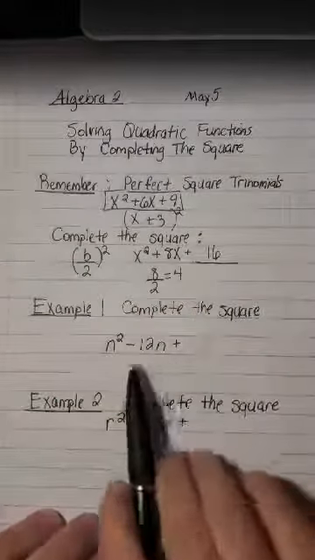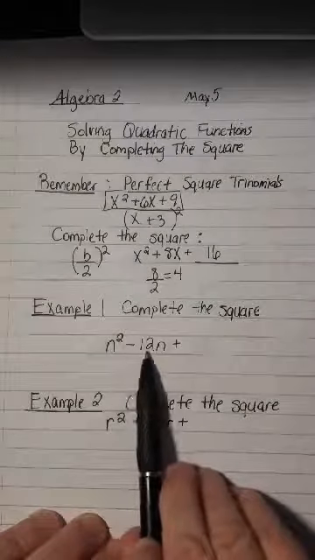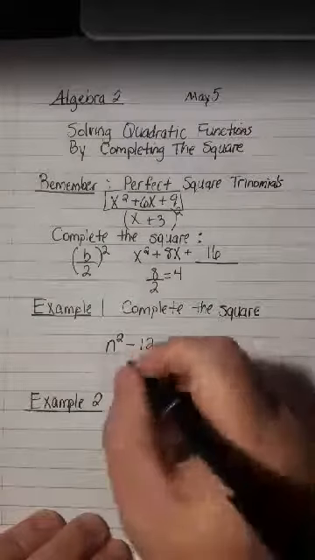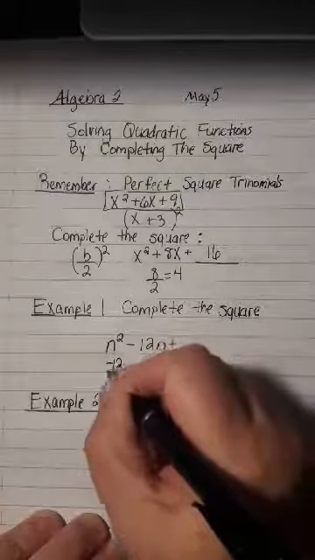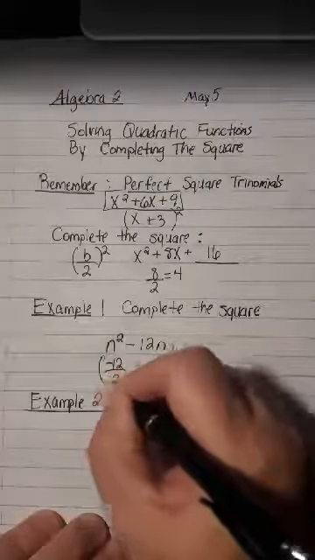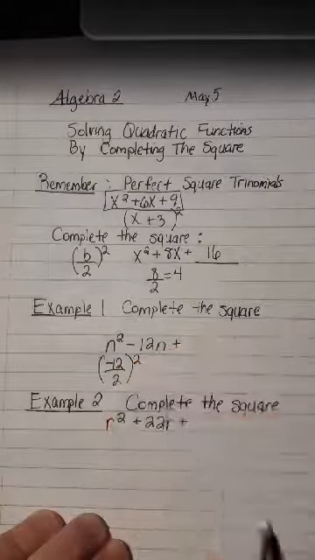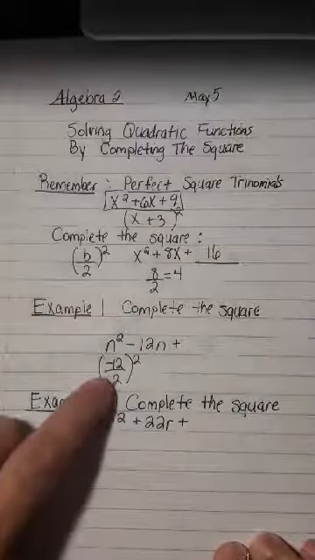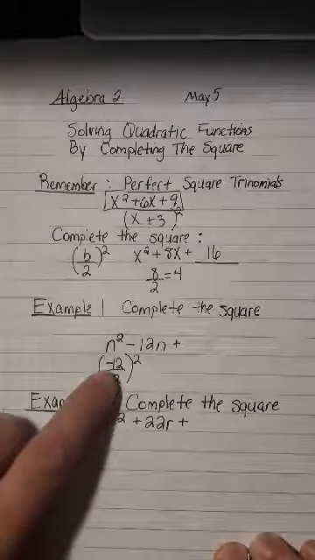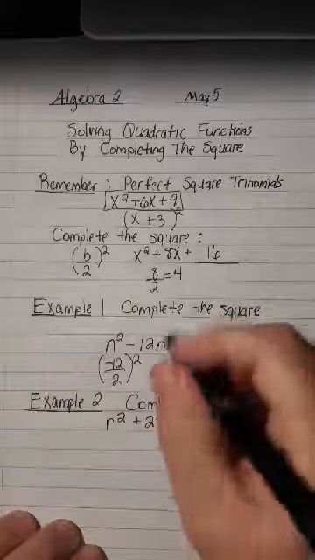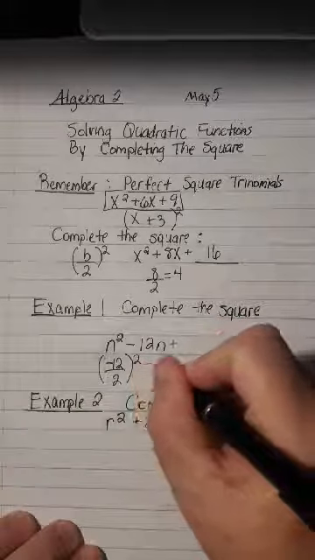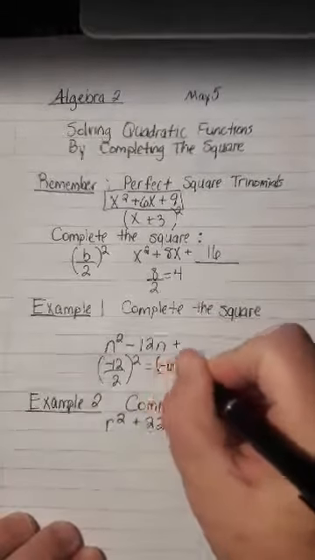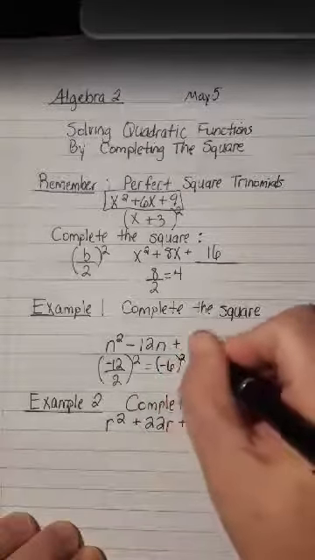So look at this one. You're going to do negative 12 divided by 2. I'll just write it down right here. Negative 12 divided by 2. And then whatever you get there, you're going to square it. So what is negative 12 divided by 2? Negative 12 divided by 2 is negative 6. And what is negative 6 squared? It's 36.